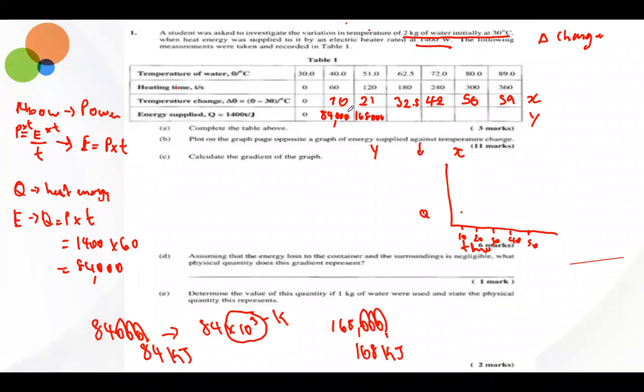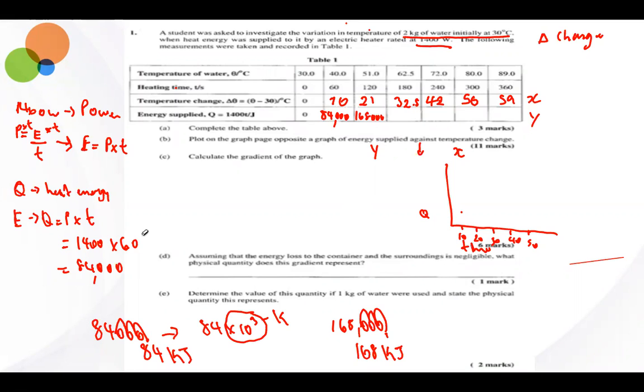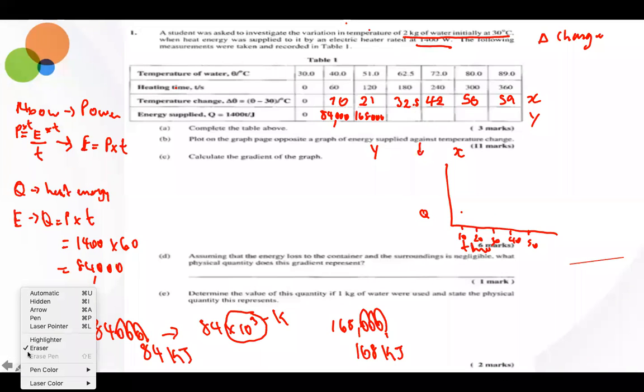Because it's so many zeros. Sure, 252. Okay. So 252,000. That's a lot, right? So we change that to kilojoules to make it much simpler on the eyes.